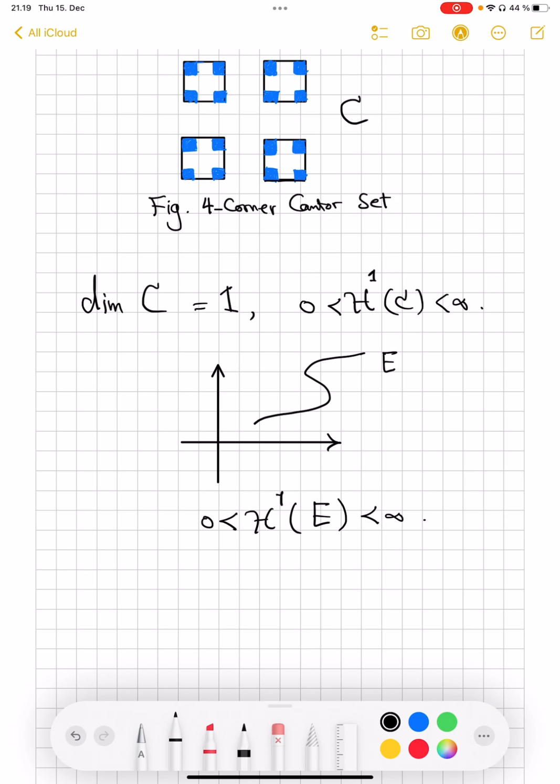So how does geometric measure theory distinguish between these two sets? And in fact, that is one of the goals, the main objectives of geometric measure theory.